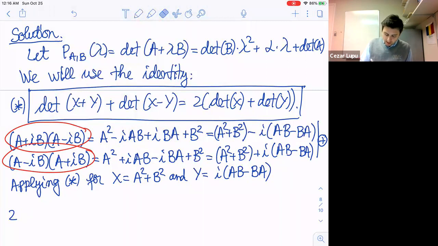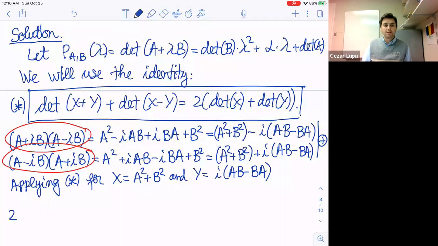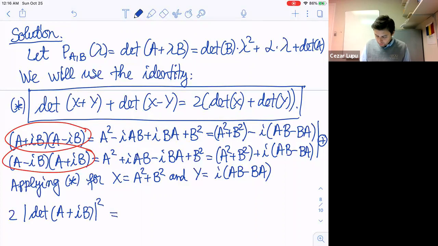In fact, let's write it in this way so that you can see, because this will be a complex number times its conjugate. So this will be the determinant of a plus ib squared.